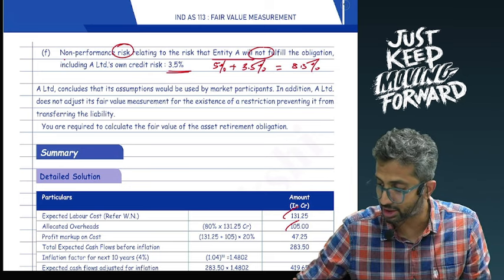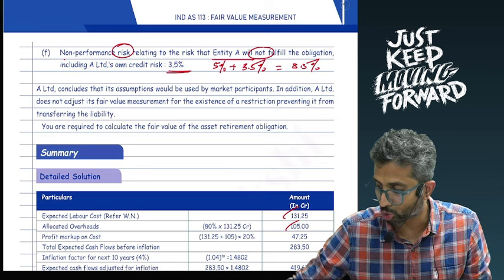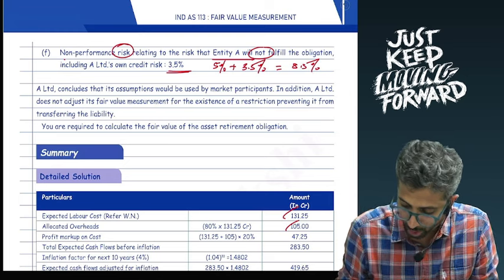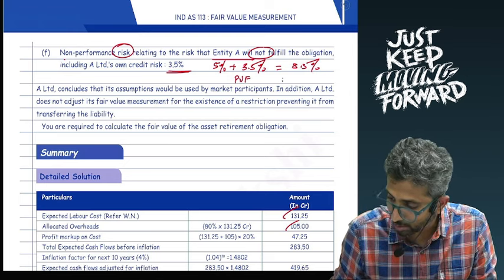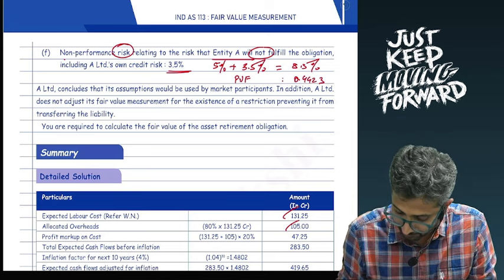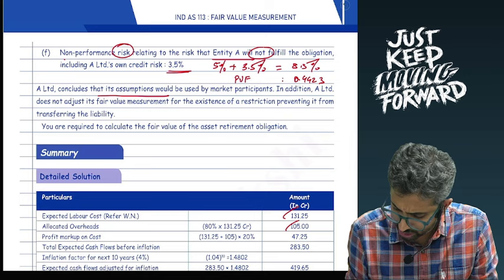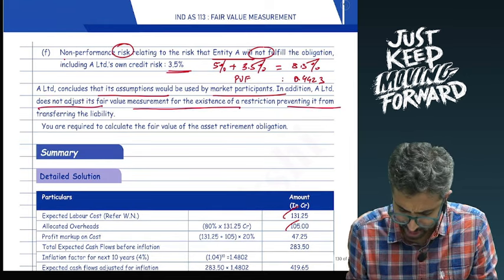If I take the discounting factor at 1.085 to the power of 10, the present value factor will probably be, let us say, 0.4423. Therefore, A concludes that the assumptions used by market participants do not adjust the fair value for the existence of any restrictions.